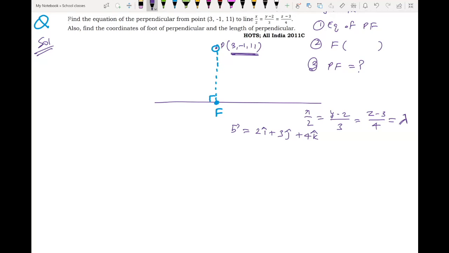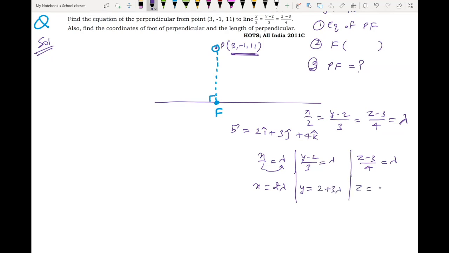From here you can find the value of x, y, and z. x by 2 equals lambda, y minus 2 by 3 equals lambda. Beta, use the shortcut. This 2 will go there. Find y, this will be 2 plus 3 lambda. Find z, this will be 3 plus 4 lambda.